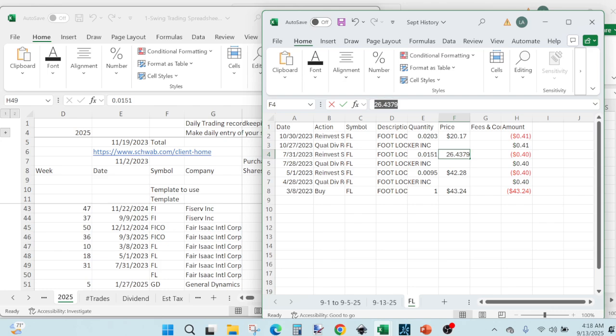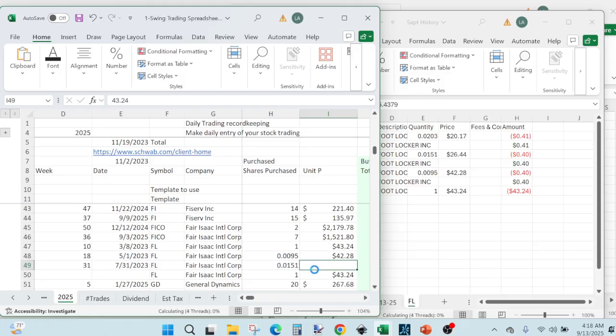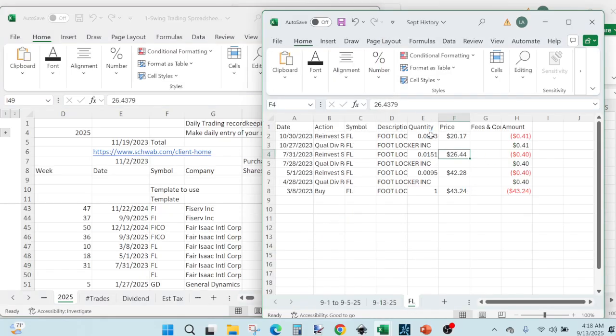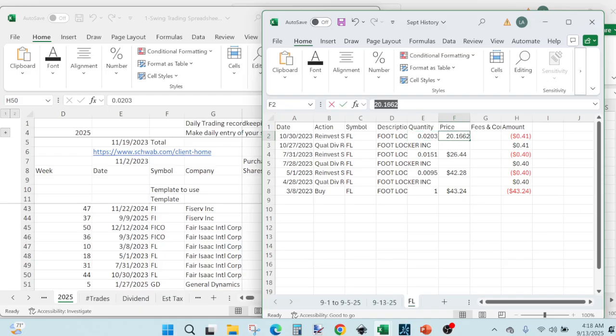Then you can see we have 4 decimal numbers there. The last dividend reinvestment happened 10:30. I think I need to change the ticker. I didn't change the ticker there for the stocks. It showed me another one. I'll copy this.